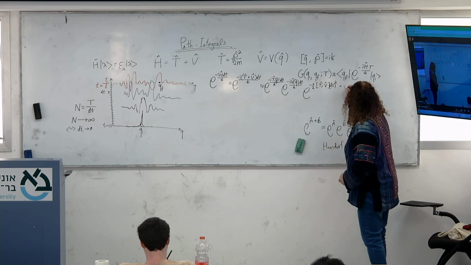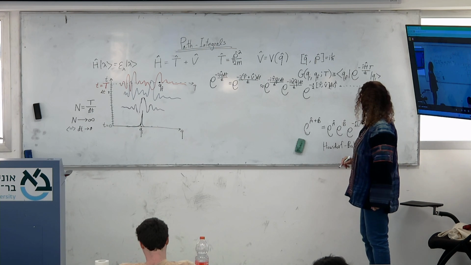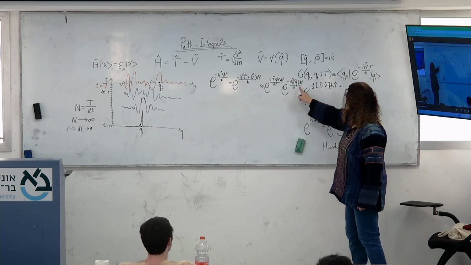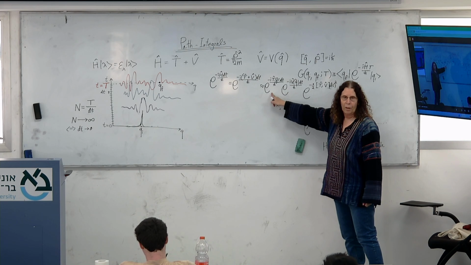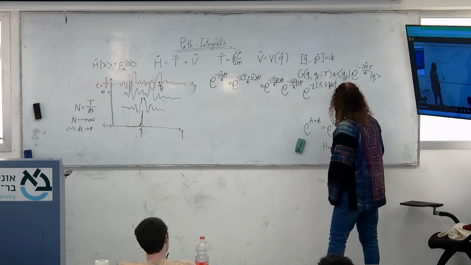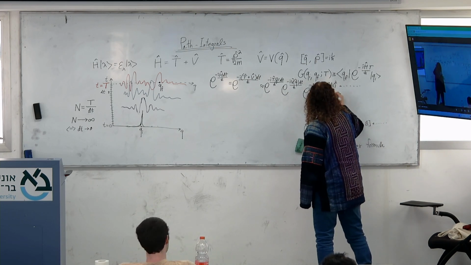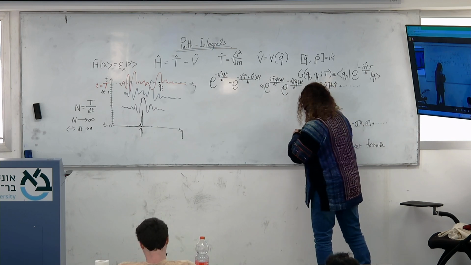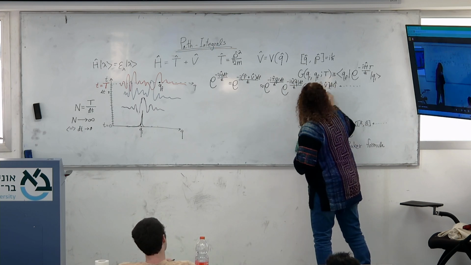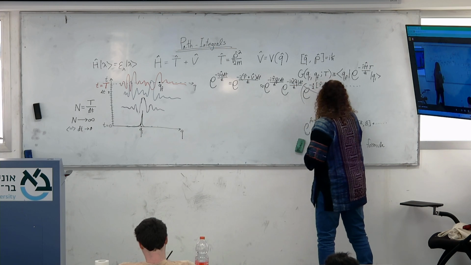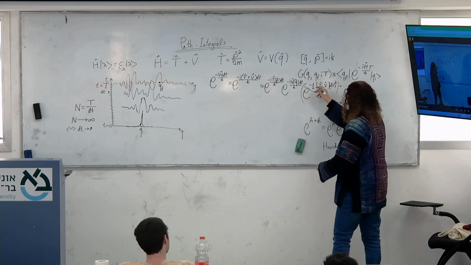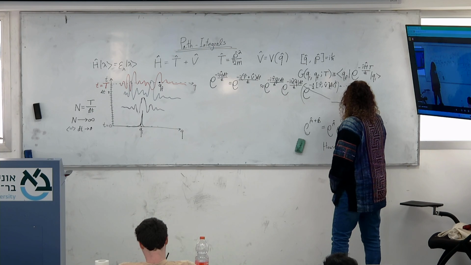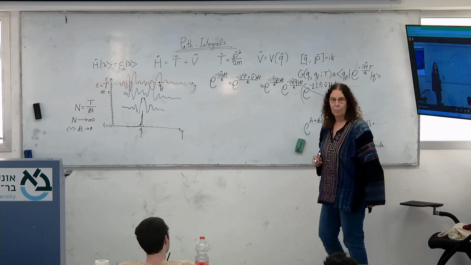And then I also have additional corrections, but this is already smaller than the two exponents. So in the limit that dt goes to 0, this thing goes to 1.